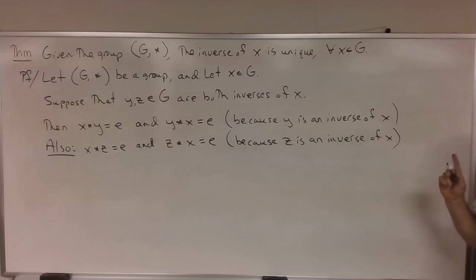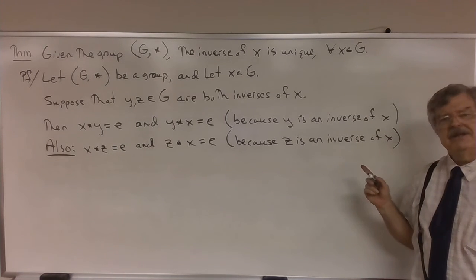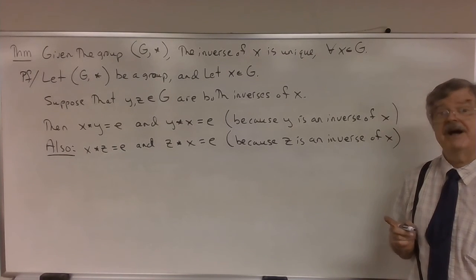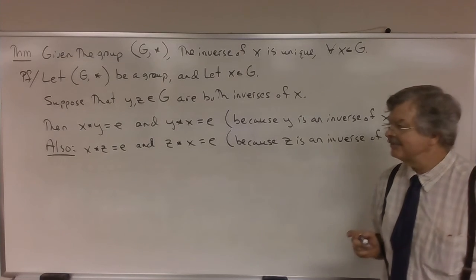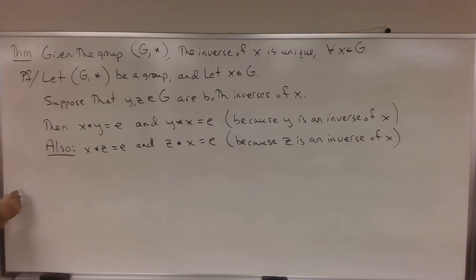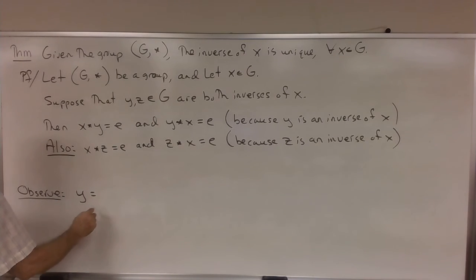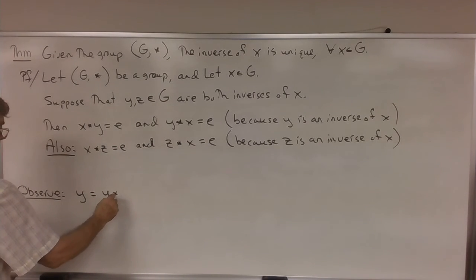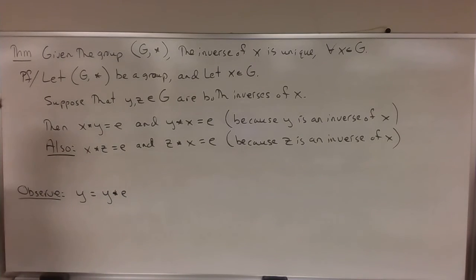And we'll let Y and Z compete with each other for the title of inverse of X. So let's see what happens. Y is equal to Y star E, because E is the identity. Nothing earth-shattering there.